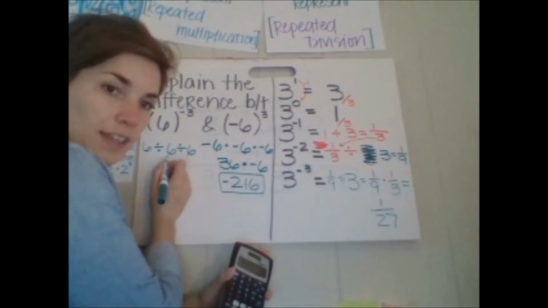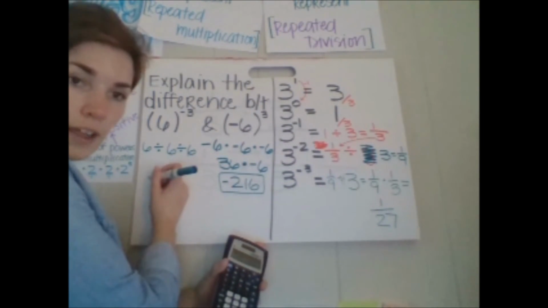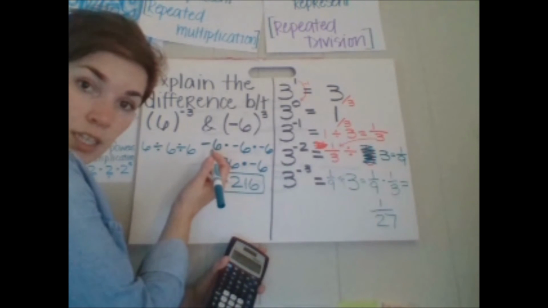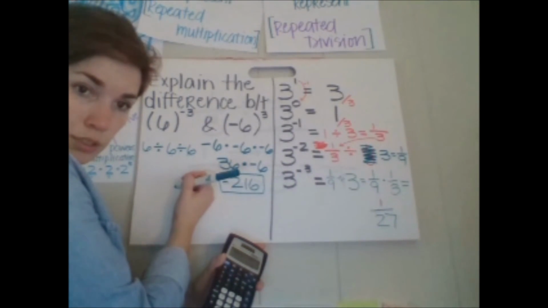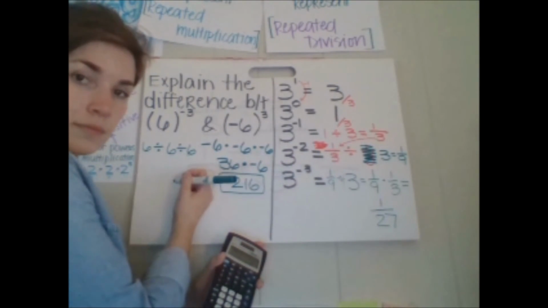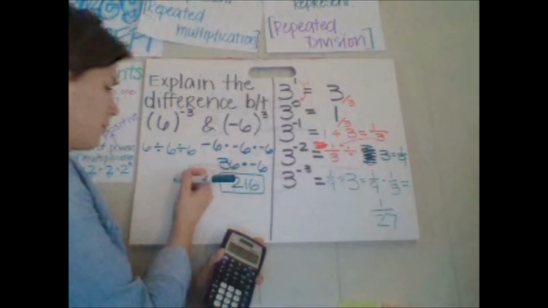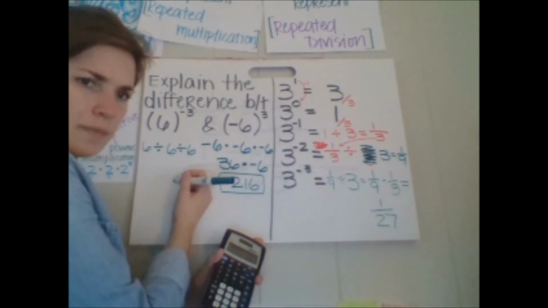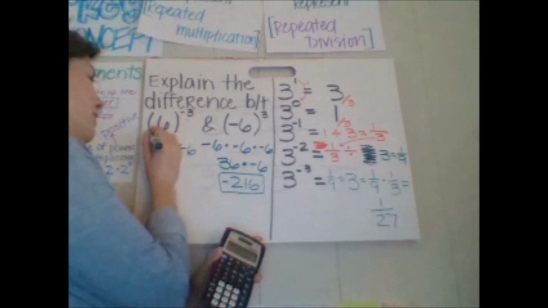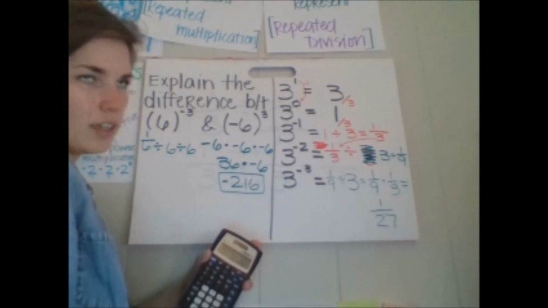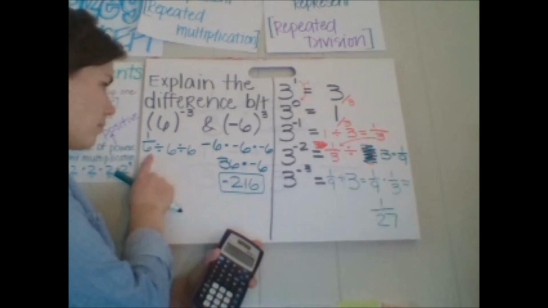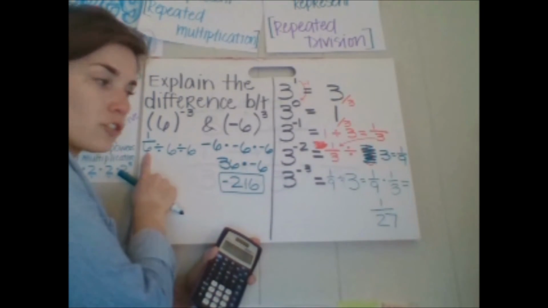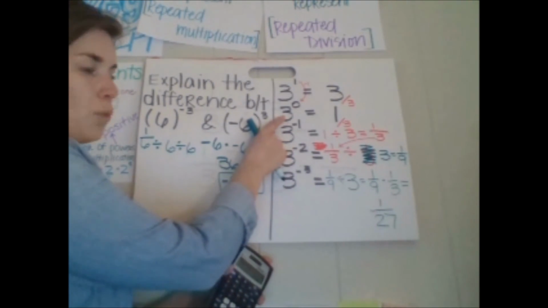So 6 divided by 6 is what? Bueller. I messed up something. We got to think about this as 1 over 6. Listen. 6 to the 0 power is 1.